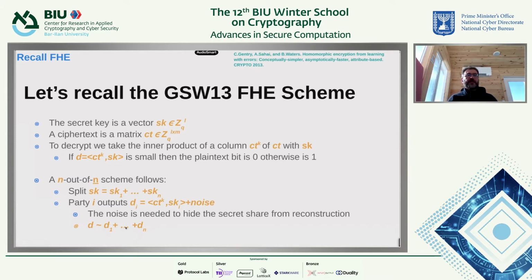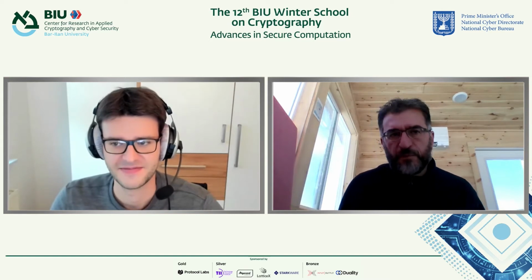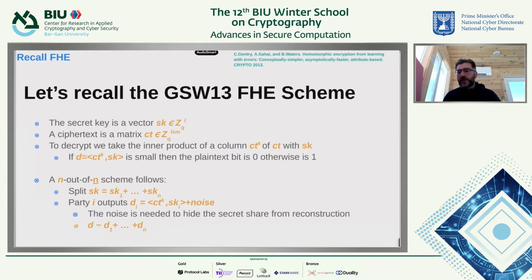So D is not going to be that far from the sum of the D_i's, and the correctness of your decryption will still work. Any questions so far? No questions. This was known before we did this work.